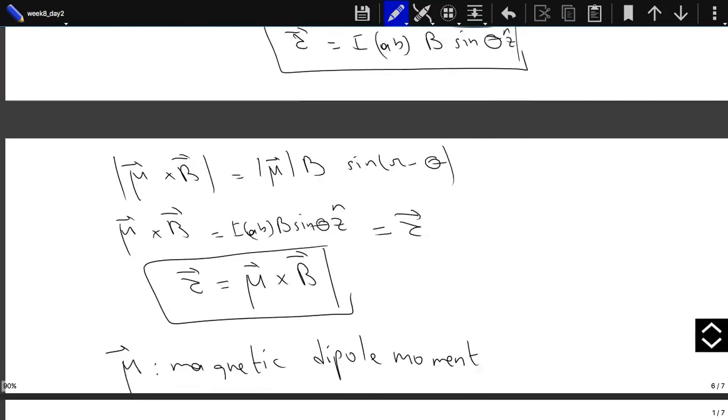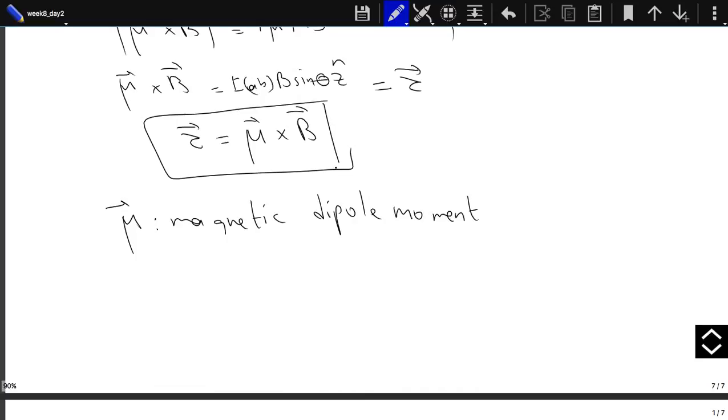So this is what we call the magnetic dipole moment, and this is the torque acting on the magnetic dipole moment. Now there was a question, why do the charged particles, as they go towards the North Pole, feel a force? That just reverses their direction of propagation.